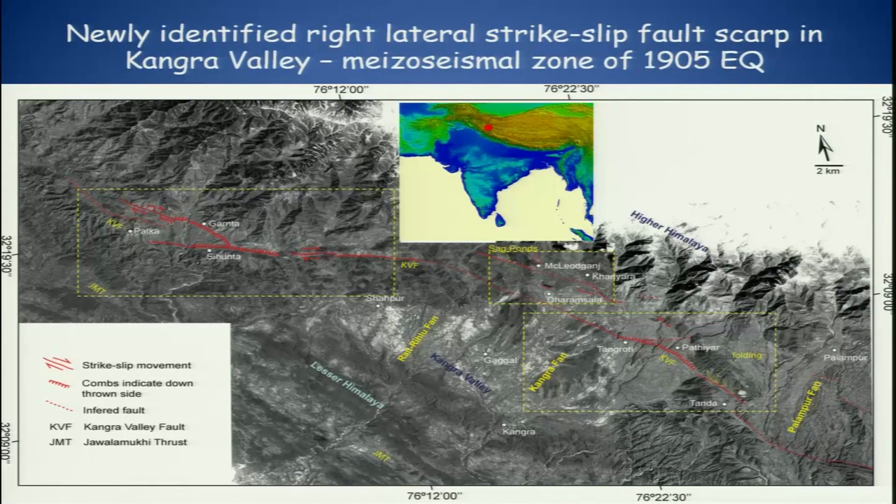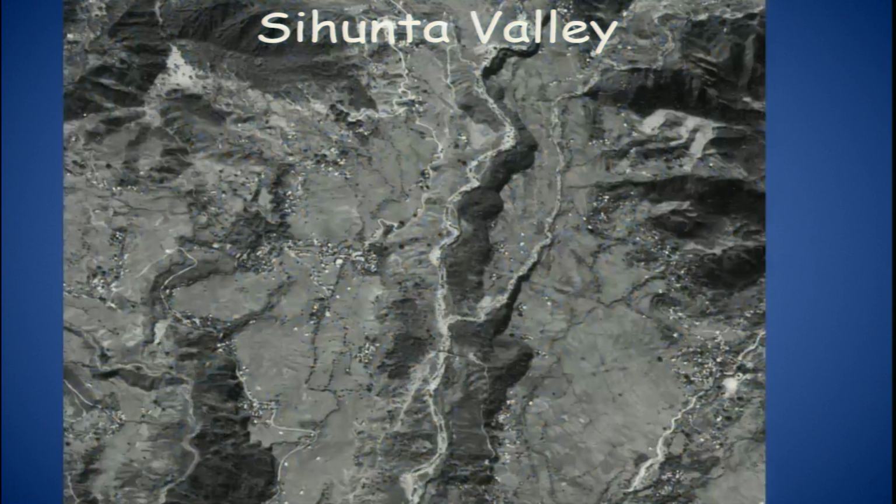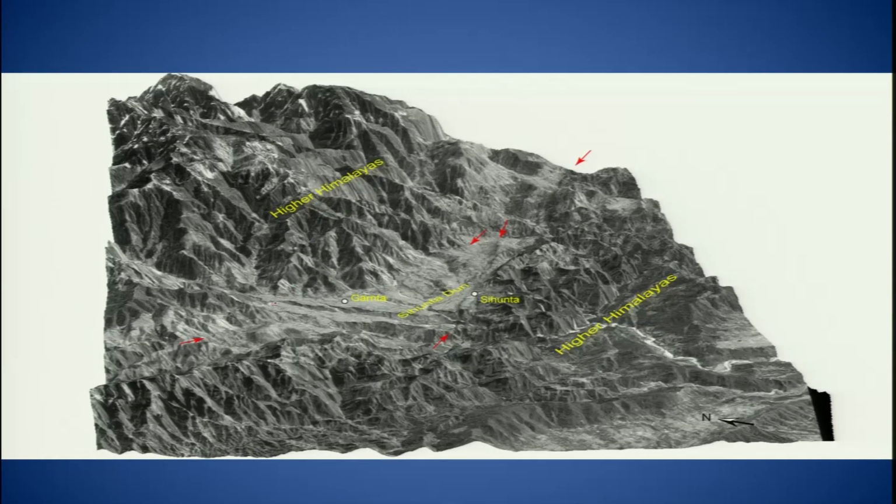Let's see that in field, and again it changes over here. So this is what we saw on the satellite data, that the fault runs here, and very sharp linear features we were able to pick up, offset of streams here, and a close up of that.